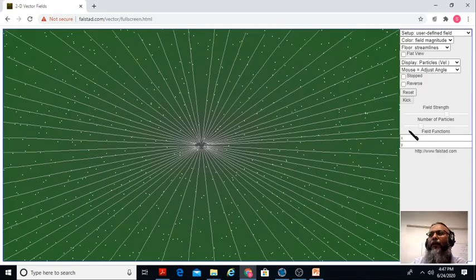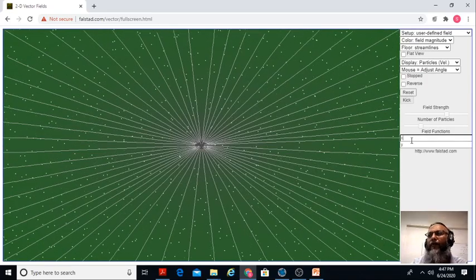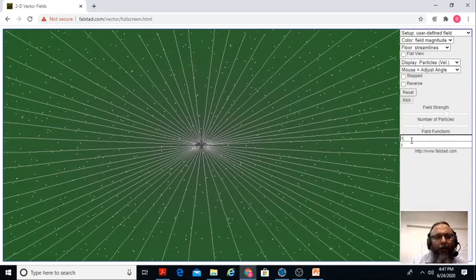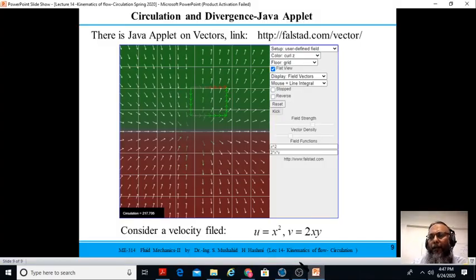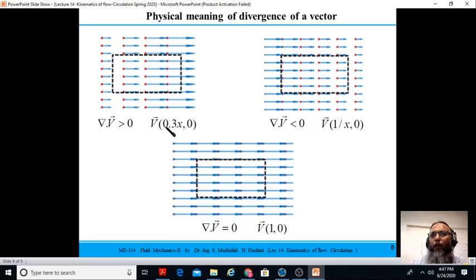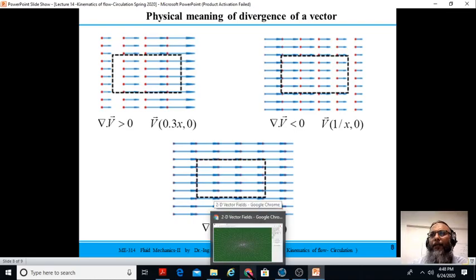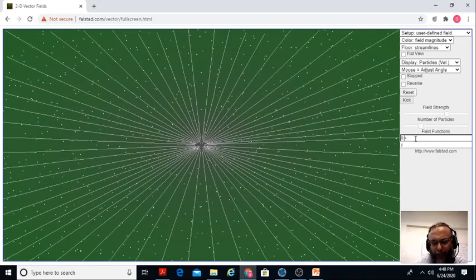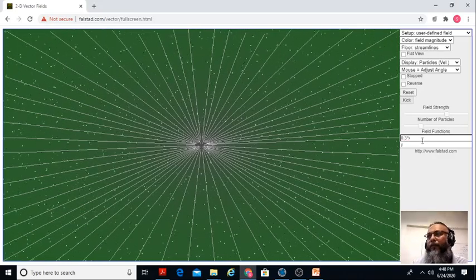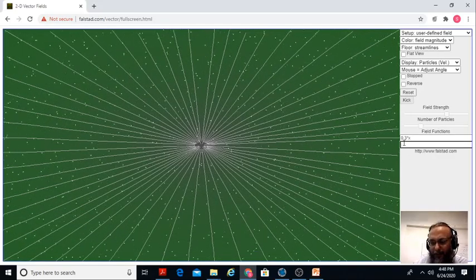I just click on that. So now I can have my own field. For example, for the previous case, as we have already done, 0.3x is the u component and the other component is 0. So here x is 0.3 times x and y is 0.